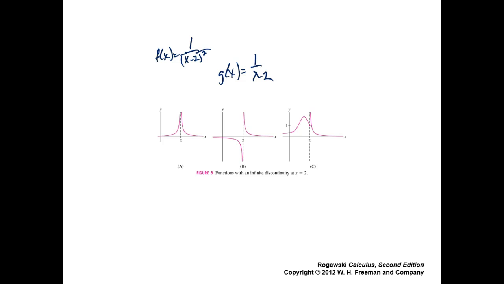It gets uncontrollably large as x approaches 2 from the right. So that is also an infinite discontinuity at x equal 2, even though it has a value at x equal 2 from the left. I keep saying it wrong. Okay. Does that make sense?